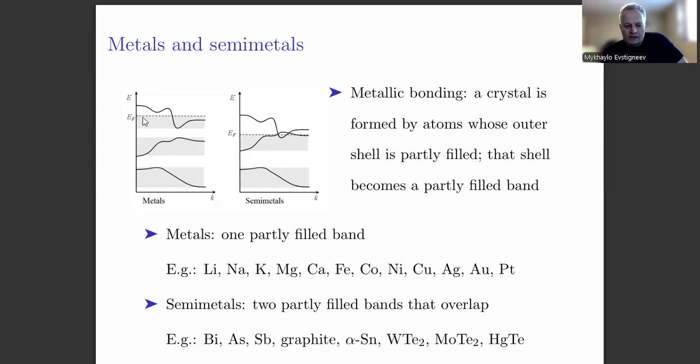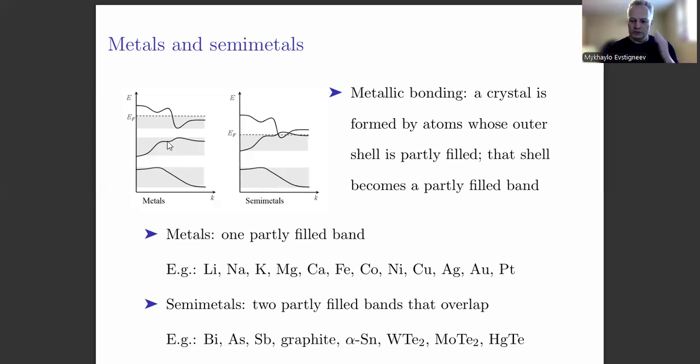In a metal, the Fermi energy is somewhere in the middle of one of the bands. And so the bands with energies below this band are completely filled.